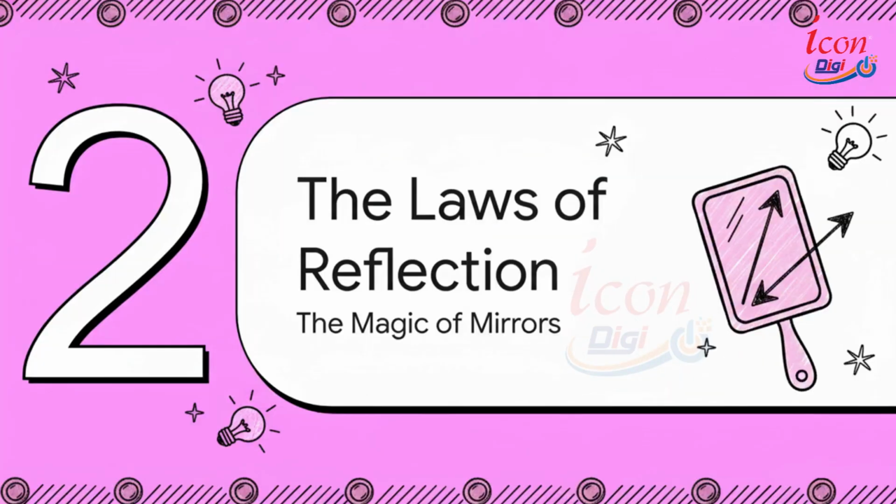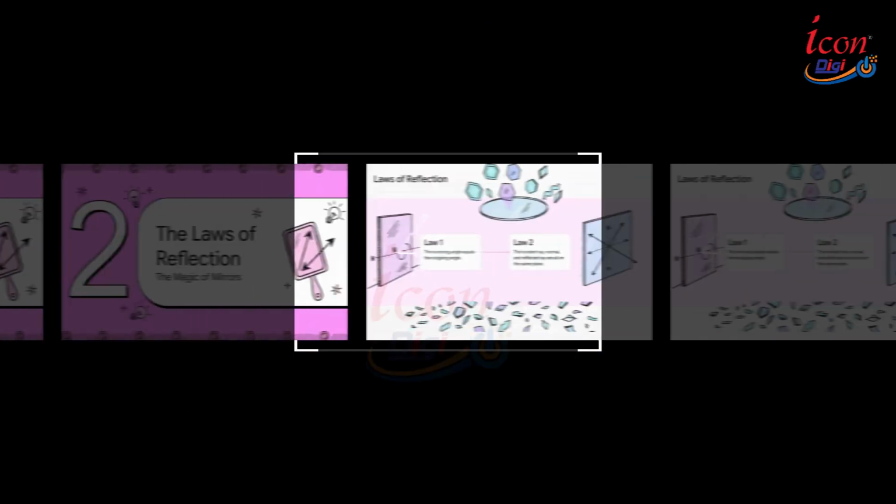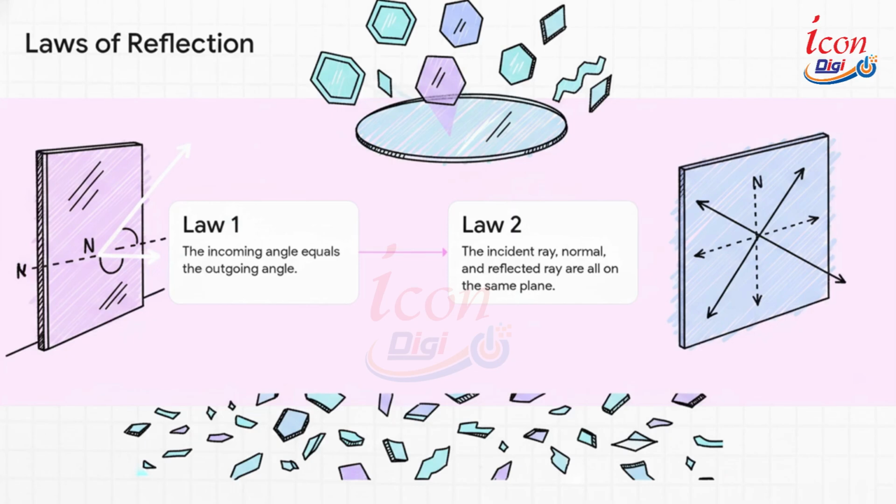So if we want to get a really good look at reflection in action, what's the best tool for the job? A mirror, of course. Mirrors are fantastic because their super polished surfaces reflect almost all the light that hits them. They're the perfect laboratory for this stuff, and you know what? It all boils down to just two simple, elegant laws. And these two laws, they apply to everything.